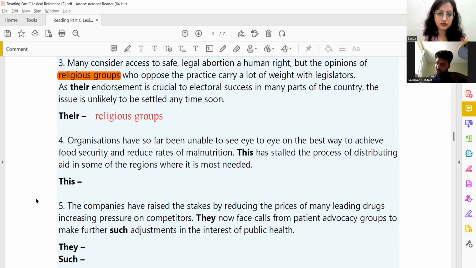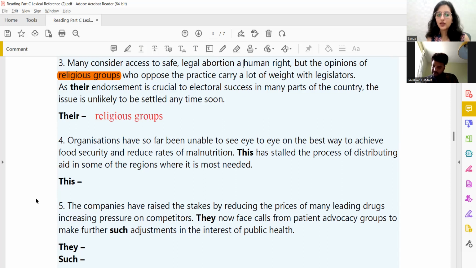This has stalled the process of distributing aid in some parts of the region where it is most needed. This has stalled the process of distributing it. This means singular.